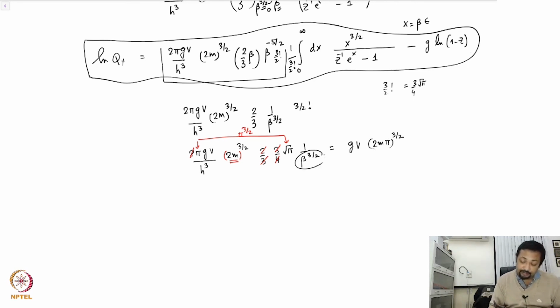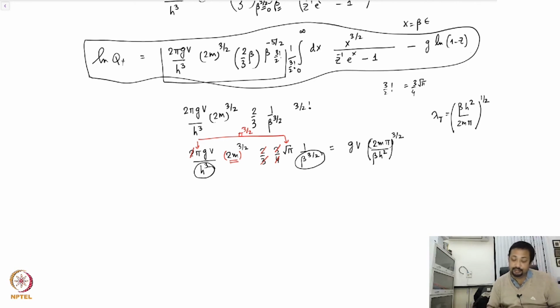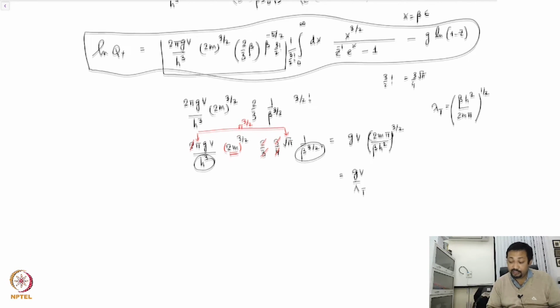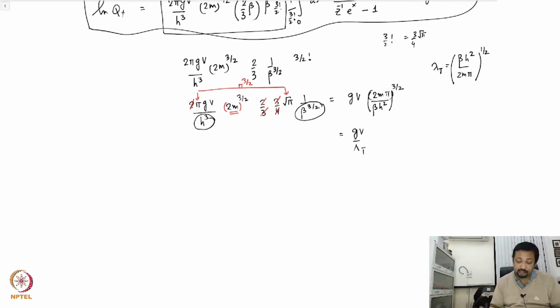And then I have this beta to the power 3/2 and I have h cubed, which I can easily include as beta h squared. And if you remember your de Broglie wavelength, which was (beta h squared over 2m pi) to the half, then this quantity is gV over lambda t, which was exactly the prefactor we had when we looked at Fermi integrals or fermionic systems.